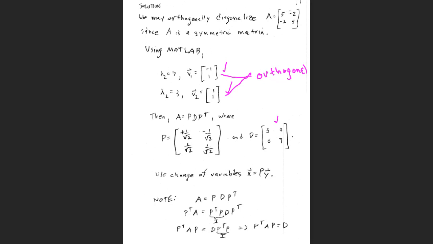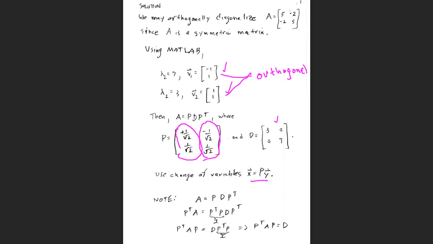Very good question. So what we do is our matrix P. Notice MATLAB will give us eigenvectors, but they're not of unit length, so we have to adjust the eigenvectors so they're of unit length. Then A will equal P times D times P transpose.